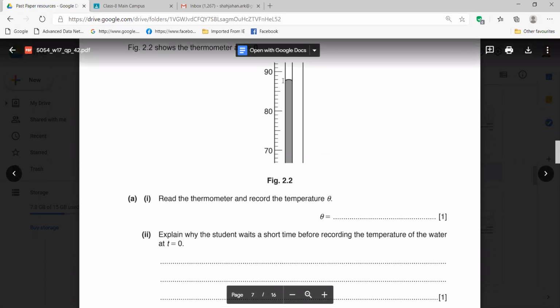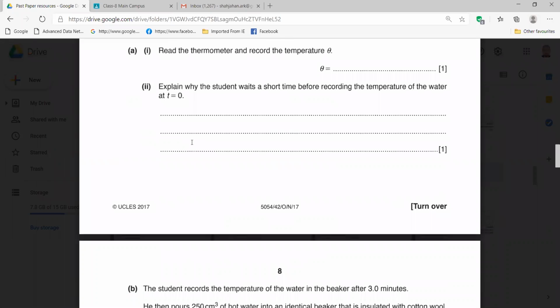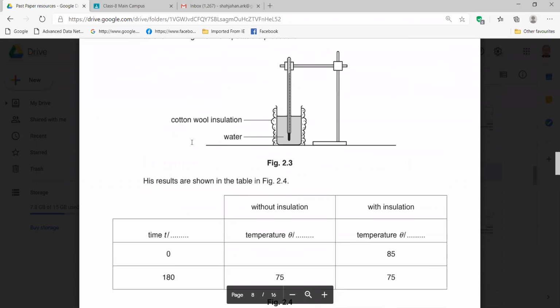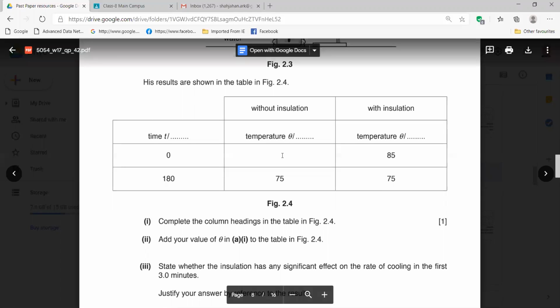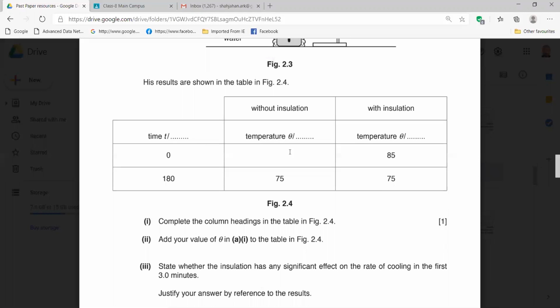And with insulation we get 85. So here you have to write 88, right? Please write the answer in your copy also.